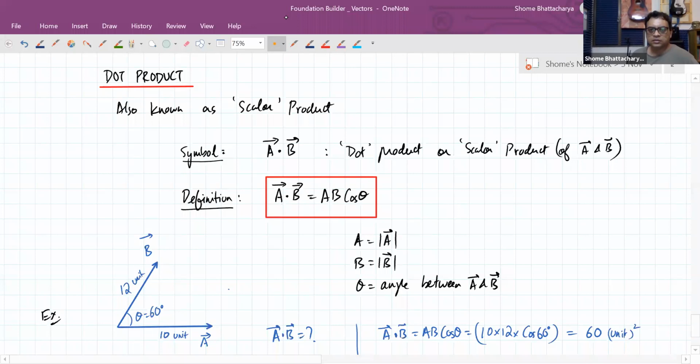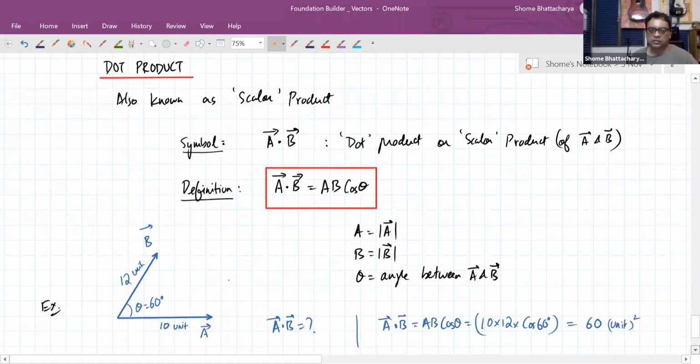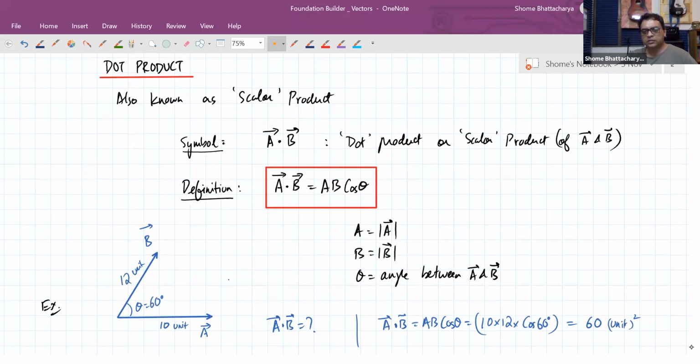So hope the definition is clear. People, I'll just take a few minutes extra today. I'll leave the class before 8:30, but I just want to complete the definition of dot product so that we can get started on this. Unfortunately, we had a delayed start because of internet connection issues at my end. So I'll just take something like 10-12 minutes extra, finish before 8:30.